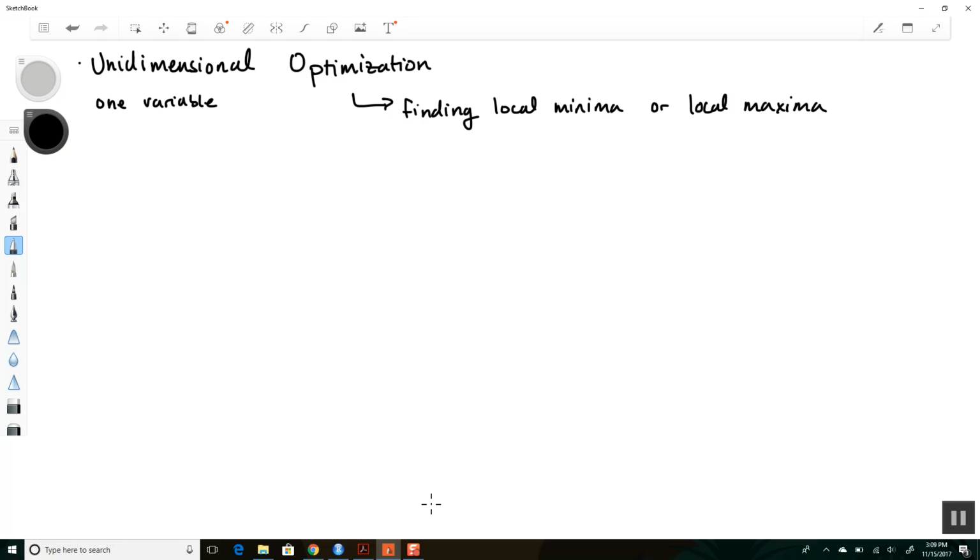Maximum likelihood, yes, excellent. So an application could be maximum likelihood estimation.